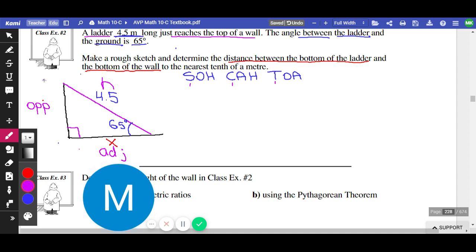Then I put a check mark under the side length I already know, which is 4.5. That's my hypotenuse. The side length I want to know is adjacent, so I put a check mark under adjacent. One of your things should have 3 checks. In this case, it's CAH, which means cosine of an angle equals adjacent over hypotenuse.